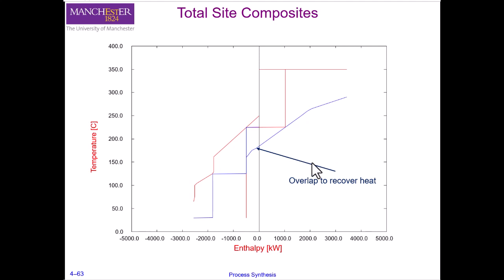We have pushed our sink profile towards our source profile, and we get a certain amount of overlap between our profiles, which has consequently reduced the amount of this VHP steam that we are getting from the boiler.